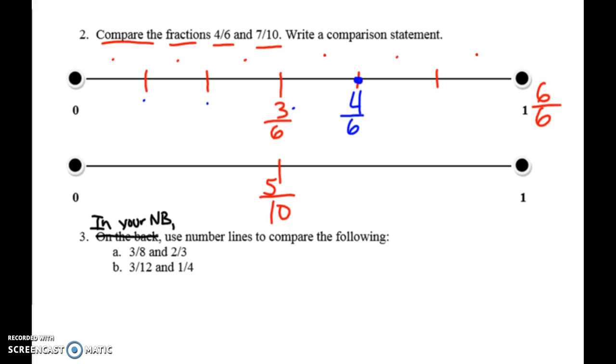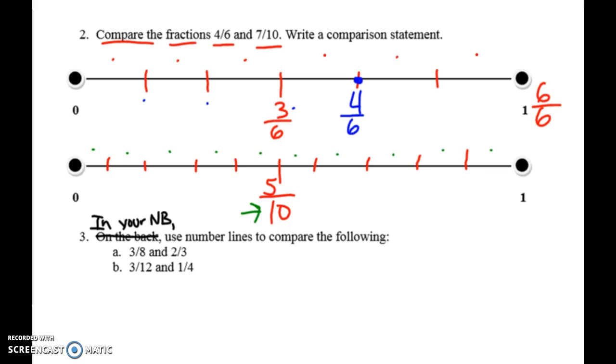So the bottom number line is broken into tenths. That one's a little bit trickier, and sometimes you have to play around with the marks to get to your tenths. Okay, it did take me a couple tries, but now you can see I have 1, 2, 3, 4, 5, 6, 7, 8, 9, 10 pieces that my number line is broken into, because my denominator is 10.